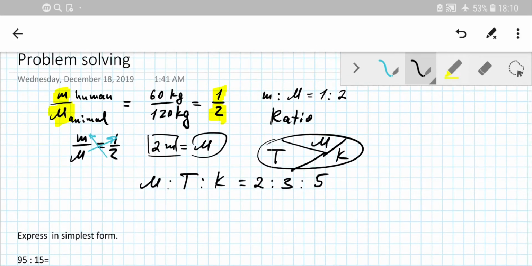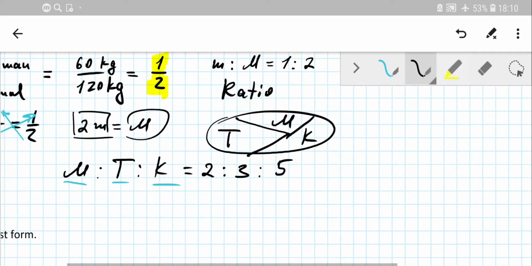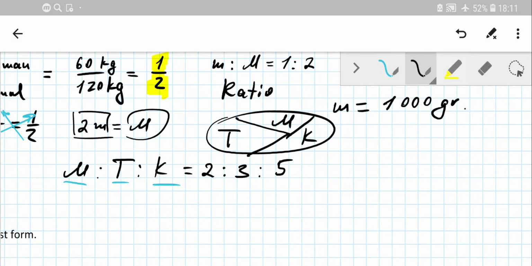Okay, so let it be so. You just need to remember how to split something into a ratio. In this case, we have 3 components, one for each of the friends. Let's say the mass of the pizza is 1000 grams and you want to split it between friends. What is the mass for Mike?